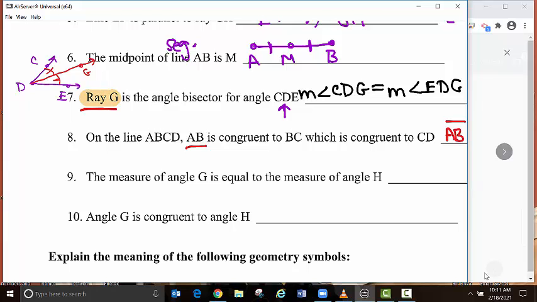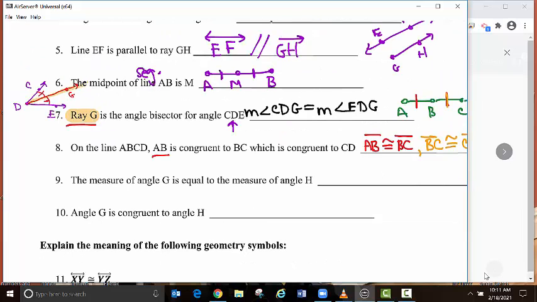It says ray is bisecting the big angle, right? So this orange thing is cutting the purple angle in half. How could you say that? You could tell the reader that however big this green piece is, the measure of angle CDG, that is the same size as this blue piece, the measure of angle EDG.